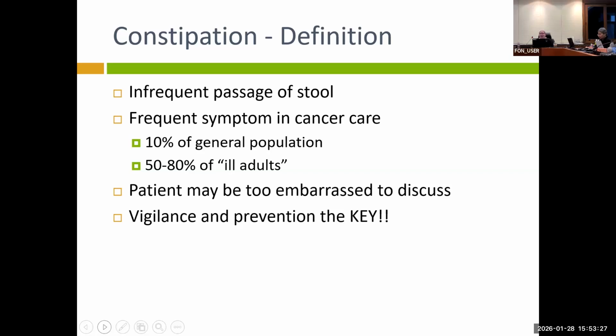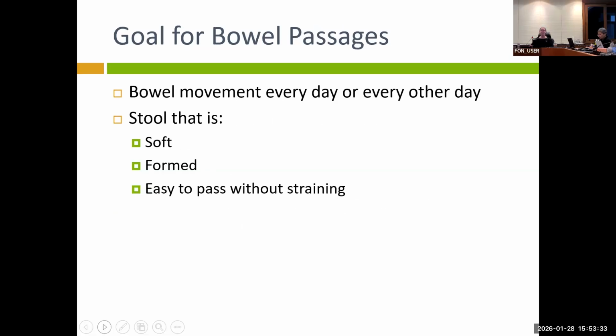So it's really up to us as nurses to bring it up and start the discussion. The goal is to have a bowel movement every day or every other day. Everybody is a little bit different, so ask the patient and assess what is their norm. You want a stool that is soft, formed, and easy to pass without straining.